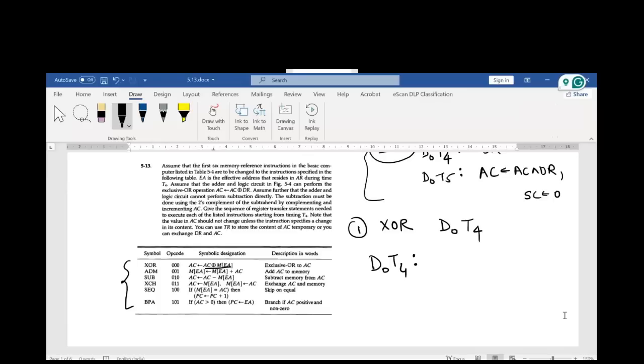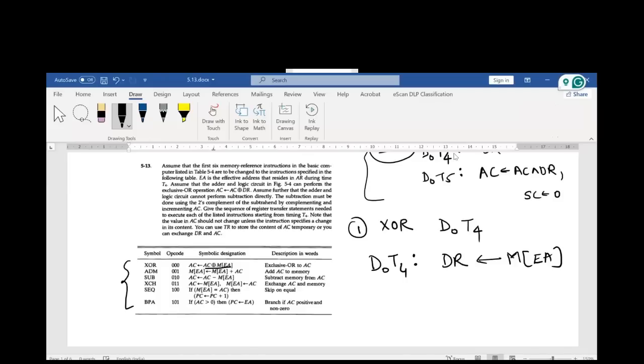So whatever is in memory, we need to XOR it with AC. Now we know that we cannot perform any operation directly on memory. So we need to first bring that operand to DR, like we did for AND and ADD. So in the first step, D0 T4, we will bring the operand specified by the effective address to DR.